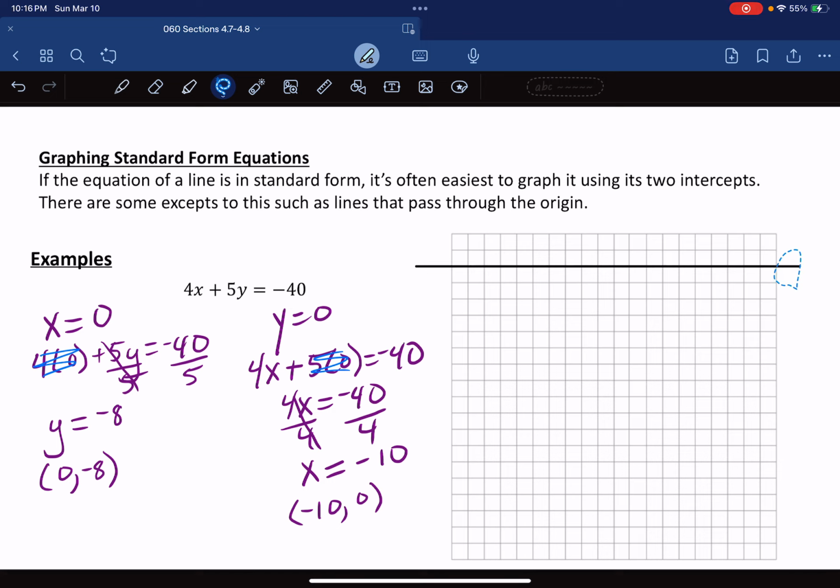So let's see, we're going to draw, I can get my lines going. There we go. We're going to draw our grid kind of off-centered and put our points. 1, 2, 3, 4, 5, 6, 7, 8, 9, 10.